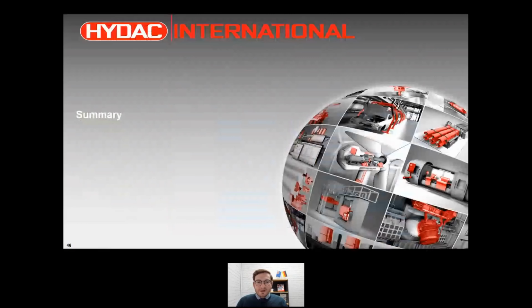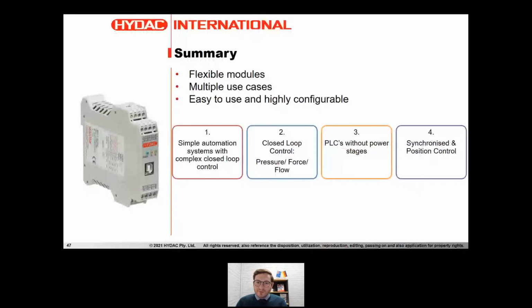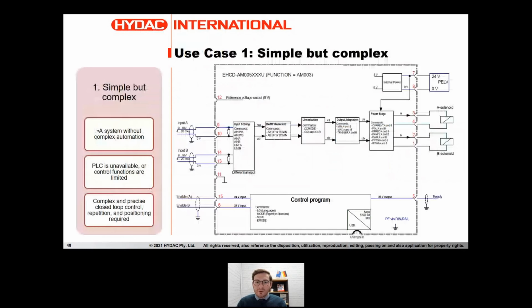So to summarize, these modules are quite flexible, they're easy to use, and you can apply them in a lot of different applications, as I mentioned before. One of my favorite applications would be one if you have a simple system, but it requires complex closed loop control, as mentioned before, because you have a lot of options. You have the device, you can select which type of device you have, which function it's going to use.